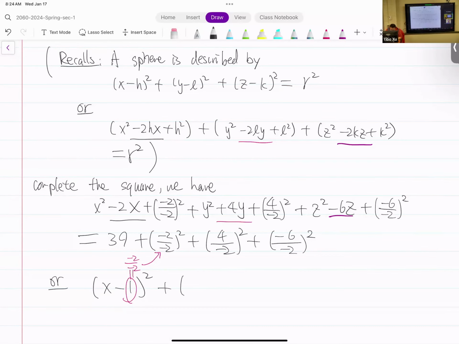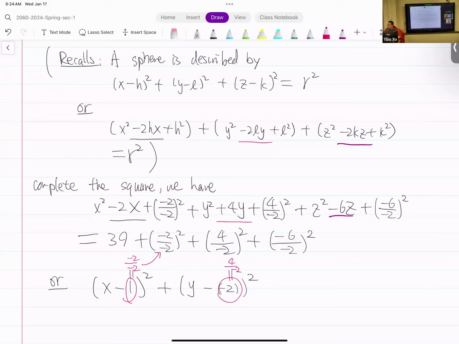Then plus, now, y minus l, right? L is what? L is 4 over -2. So that's y minus the -2. So this -2 is 4 over -2 that we have done for the division.